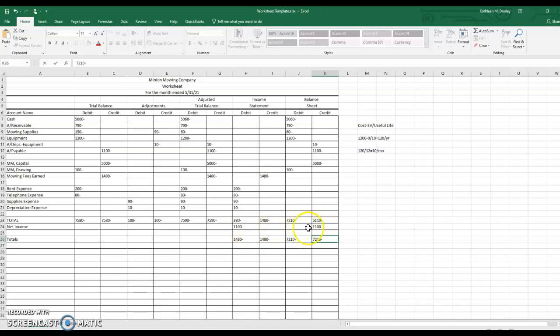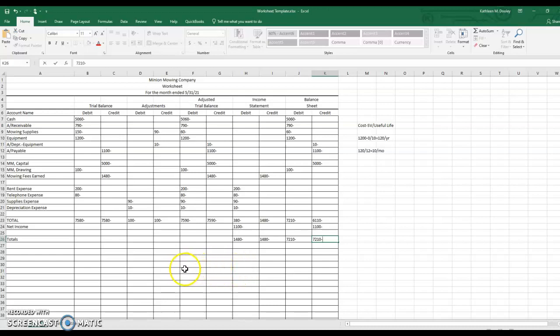Okay. If it's not, then you did something wrong. You have a number in a wrong column or typed it up wrong, whatever. Okay, now our worksheet is done and we are ready to actually make our financial statements, and we are ready then to do closing after that.